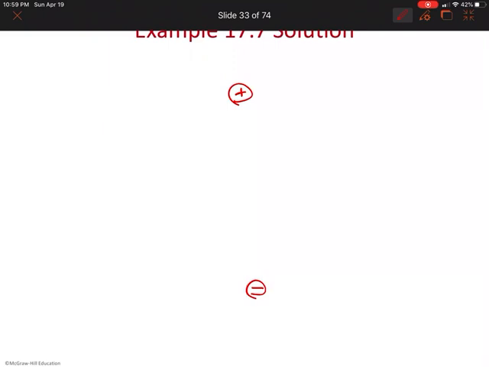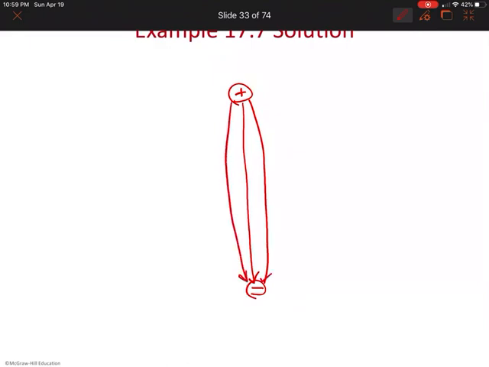Okay, so electric field lines first. As far as positive goes, electric field's going to go away from it, and it's going to go to the negative. So let's just go straight to it like that. And then what was one of the rules about electric field lines? They could never cross, right? So you have to be very particular on that, and make sure your arrow is kind of doing that.